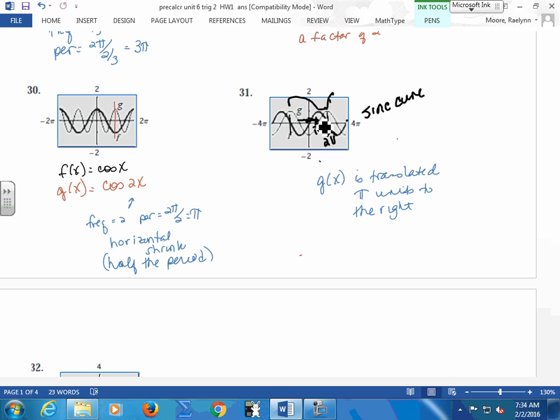If I just gave you this curve and asked what is the equation of this curve right here, you would say, oh, this is a cosine curve with a reflection. But they didn't ask that. They wanted to know from this original one, what did you do to get over to this light one?